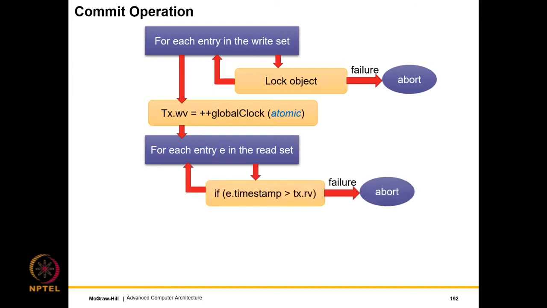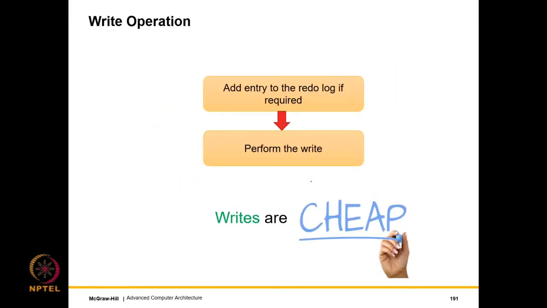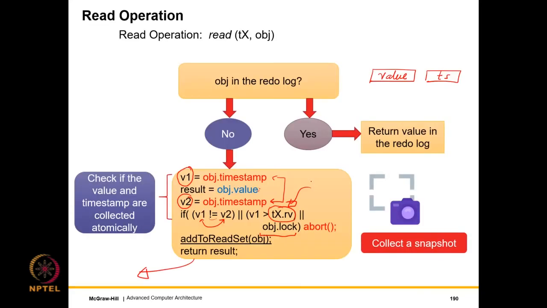So for each entry E in the read set, all right, so I'm sorry, this should be capital TX. So wherever, just have capital TX. So for each entry E in the read set, what do we do? We check if the timestamp is still greater than tx.rv. So this is the same check that we were doing over here. It is exactly the same check that we were doing over here.